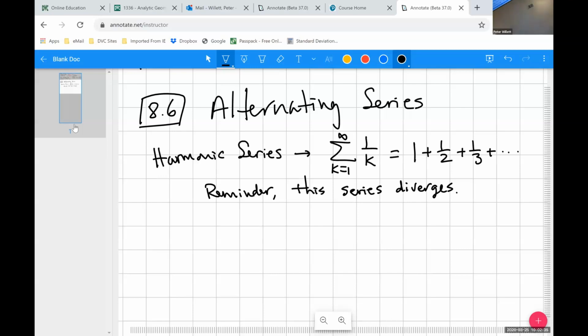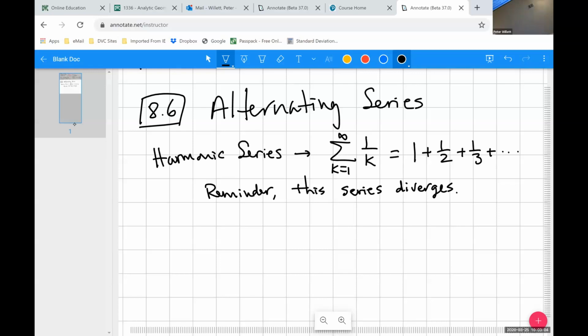But in particular, when we were looking at improper integrals, I said that the 1 over x function was a crucial function because it's right on the edge of divergence versus convergence. So in this case, as soon as I make the power on the k anything more than a 1, like 1.00001, then all of a sudden the series goes from diverging to converging. So this seems to be a very crucial series.